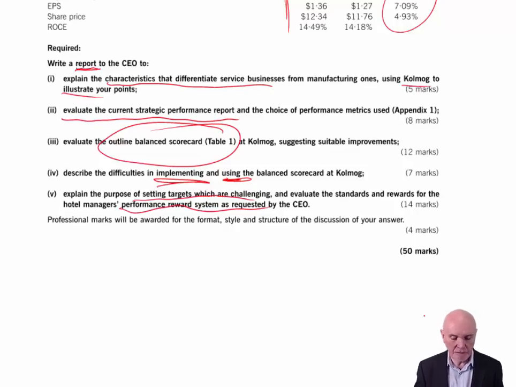There's a theoretical part, explain the purpose of setting targets which are challenging, and that can be done without reference, I think, very much to Colmog, although we might want to bring it in. And then evaluate the standards and rewards of the hotel manager's performance system as requested by the CEO. And by this time we'll have forgotten, of course, what this performance system actually was.